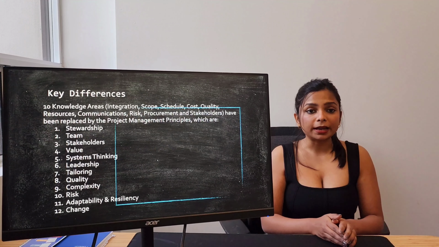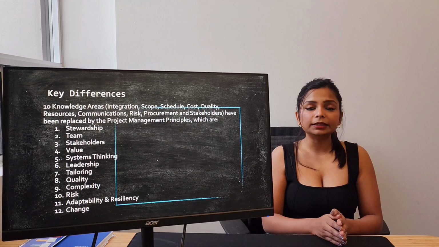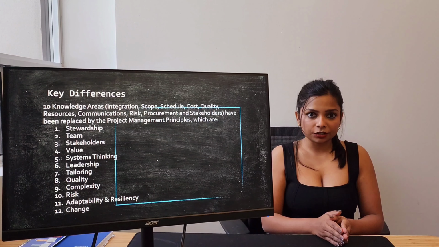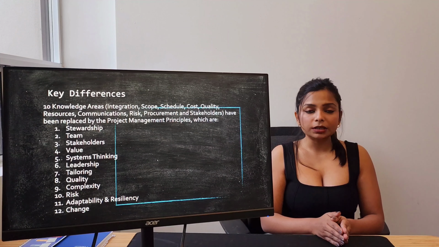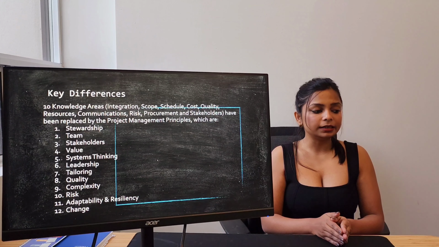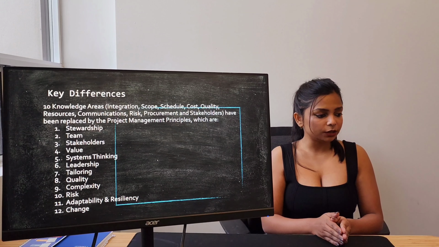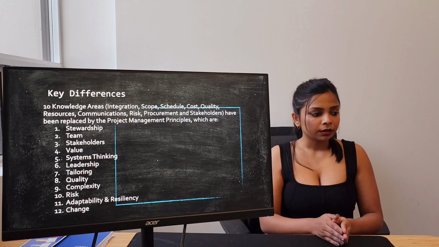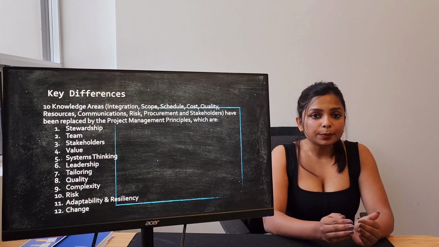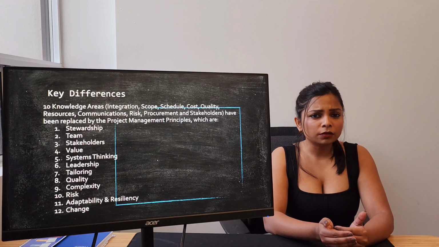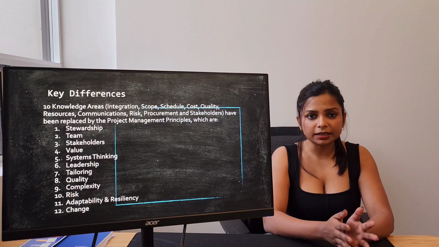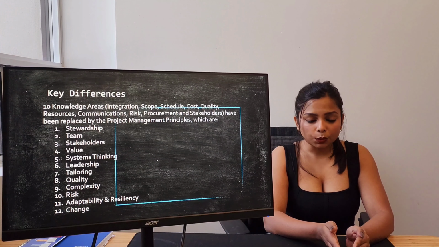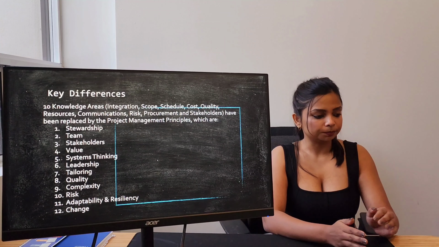The 10 knowledge areas have been replaced by 12 project management principles, which are stewardship, team, stakeholders, value, systems thinking, leadership, tailoring, quality, complexity, risk, adaptability, and change. This is the major difference in terms of concepts between these 2 editions.